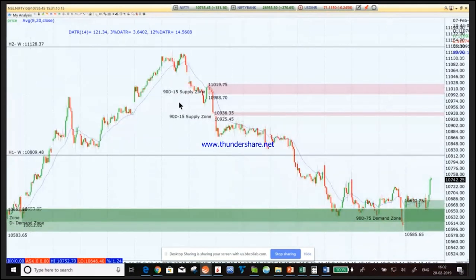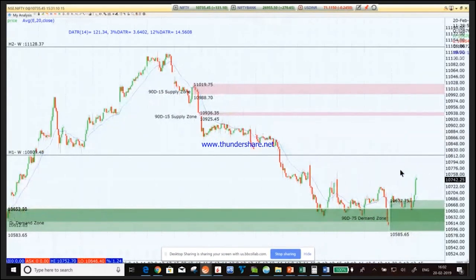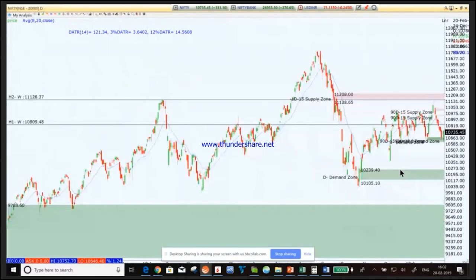All right. Looks like the turn has happened. The shorter term trend is going to shift to the upside. Yeah. So avoid HIT shorts. Even DIT.